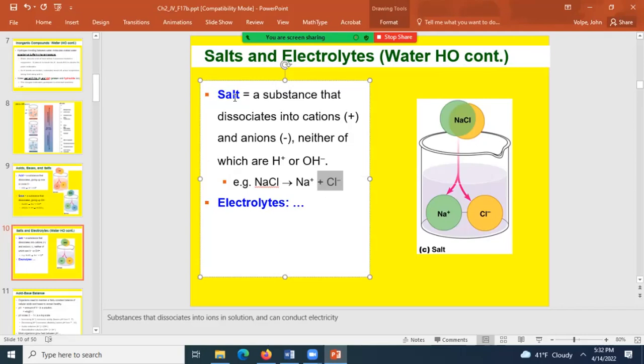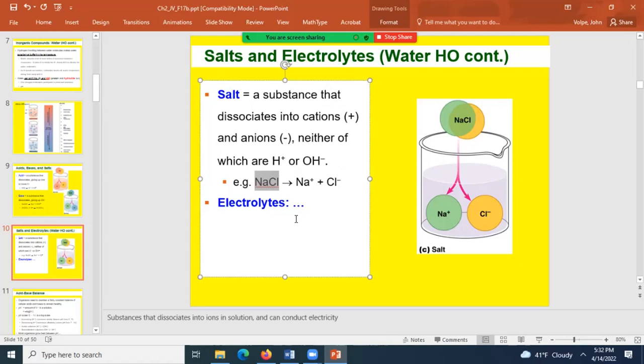It is a salt, but we don't call it that because in the generic common usage of salt, we only use it for table salt, which is sodium chloride. But in science, the word salt is any substance that dissociates into a positive cation and a negative anion. And here we see sodium chloride as a solid dissolving in water as sodium and chloride ions. Any salt is an electrolyte.